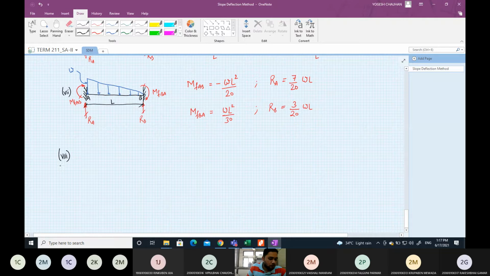Then axial loading. Suppose at some point there is an axial load.